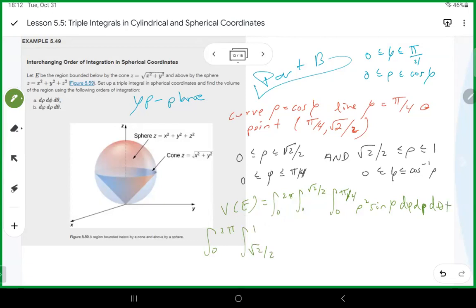Oh, I dropped my plus sign. All right, guys. All right, so in each case, the integration result, so maybe that's why they didn't give it to us in A, is going to be pi over 8.